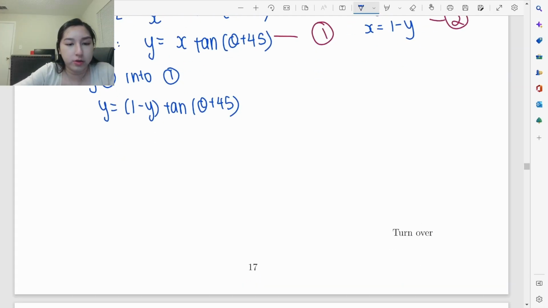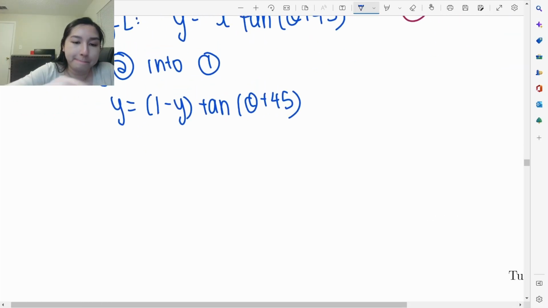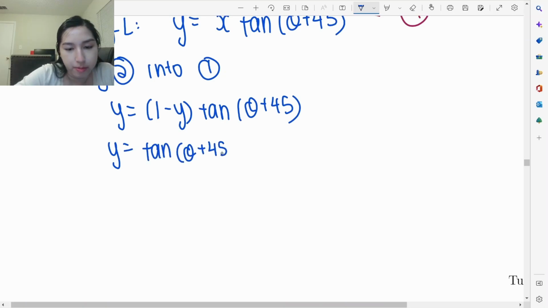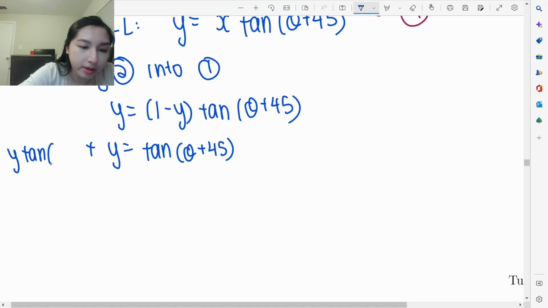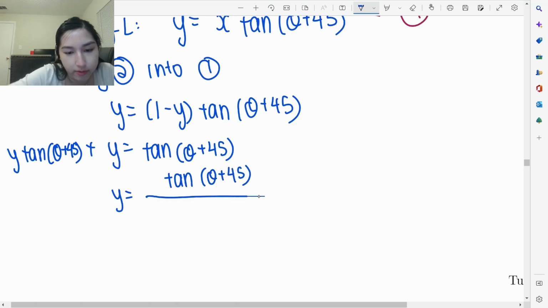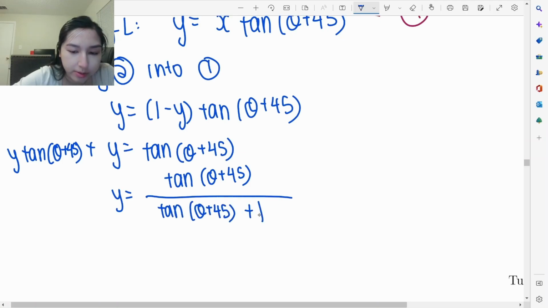If we isolate for y, we get y equals all of that plus y tangent of theta plus 45. So y would just be tangent of theta plus 45 divided by tangent of theta plus 45 plus 1.